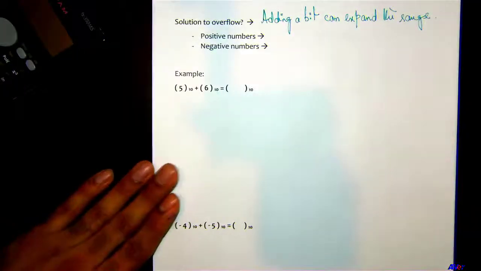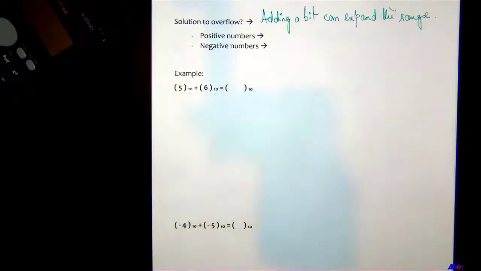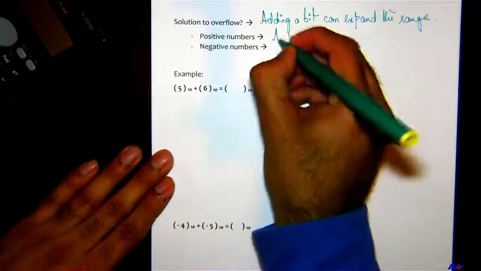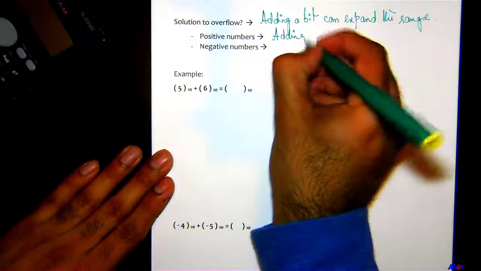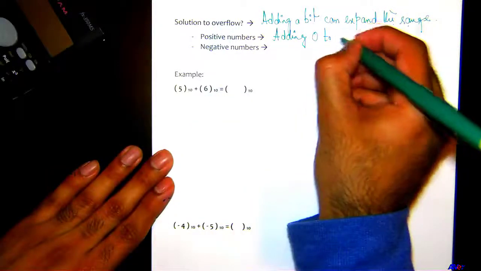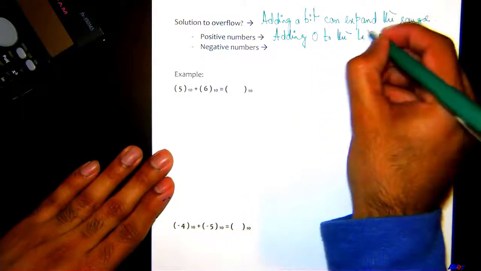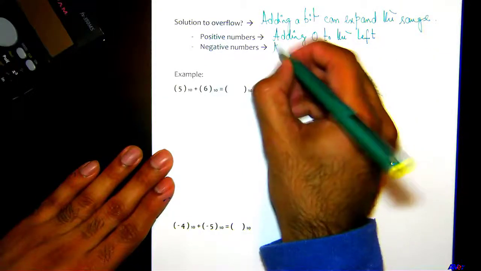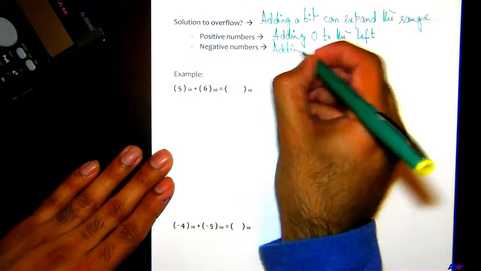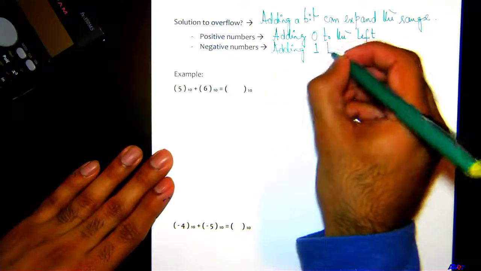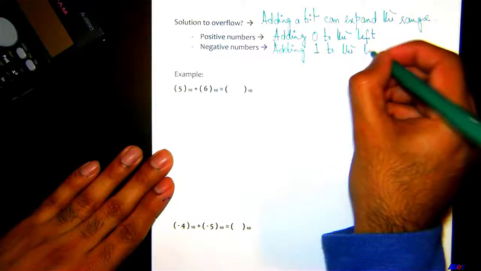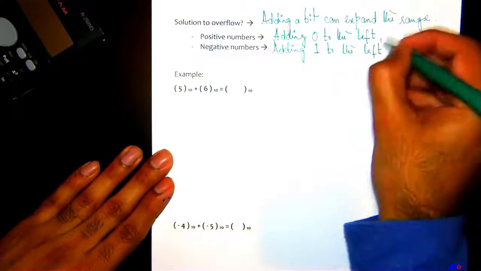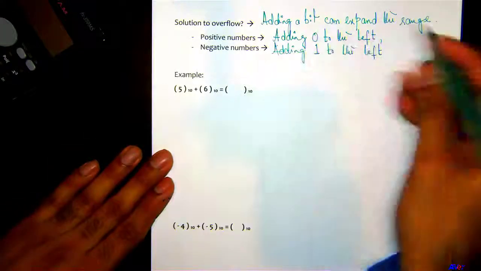And how do we do that? For the positive numbers, we are going to add 0 to the left. And for the negative numbers, we are going to add 1 to the left. When I say to the left, I mean to the left of the sign bit, right?